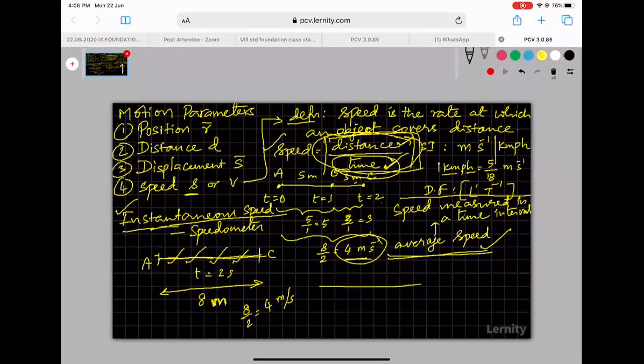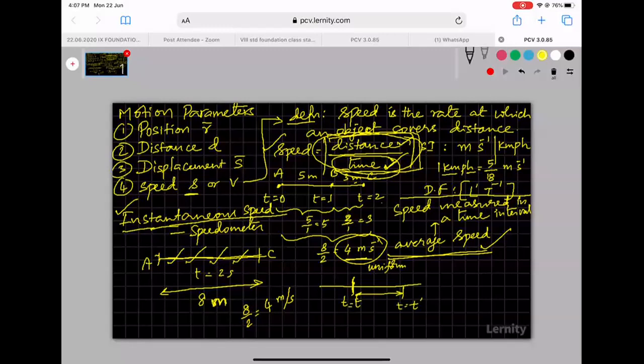If the speed is continuously changing and you want to measure the speed at this time instant, t equal to t, at this instant I need to measure the speed. How do you do it? You have to consider a time interval, from t to t dash, in which the object's motion is uniform, as in the object's speed does not change.